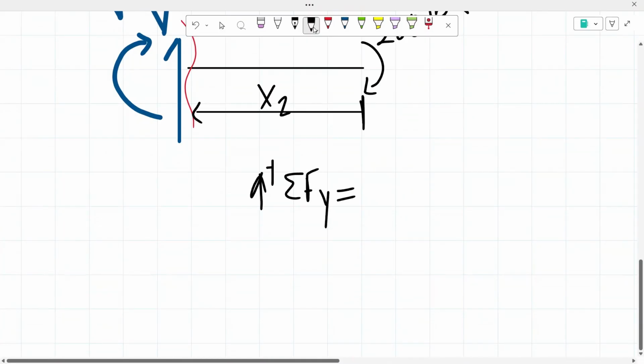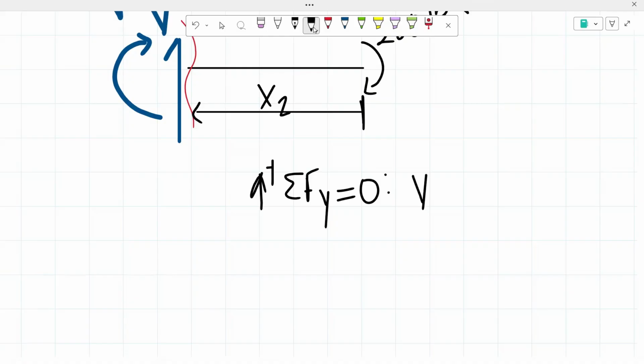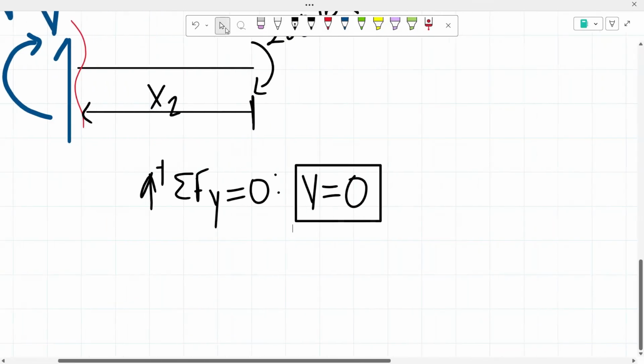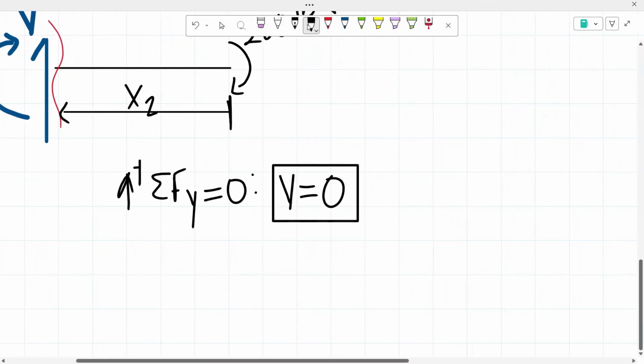So I'm going to be taking the sum of the forces in the y direction to solve for my shear force. And as we could see, our shear force is our only vertical force. So we know that our shear force equals 0. And we know that this is going to be true.